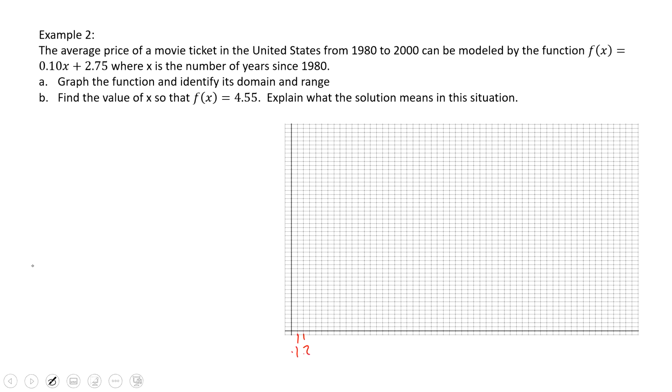So this is 0.1. So I have to go up like 27.5. So we got 1, 2, 3, 4, 5, 6. So that's my y-intercept right there.